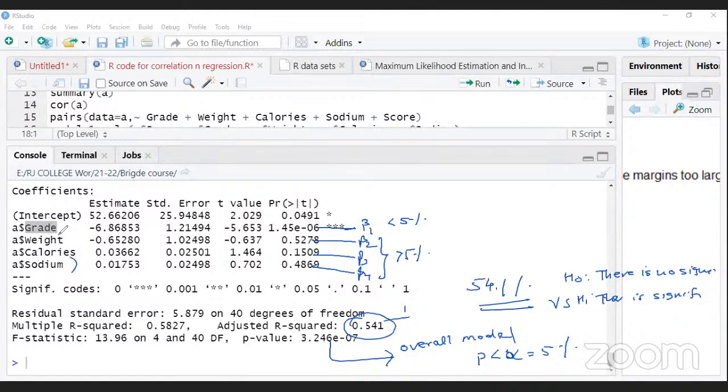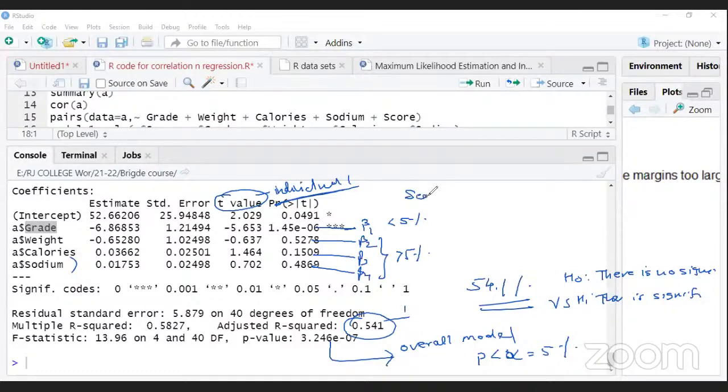You have to check this, which is usually called t-test, also known as the individual test. Remember, individual t-test. I hope you know the t-test at least from the earlier t-test. So model is significant, and we will include in my model only those variables which are significant.